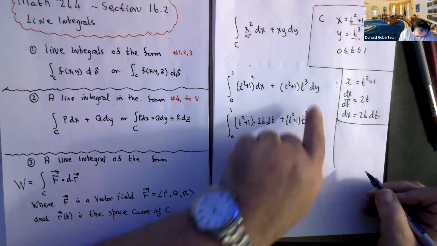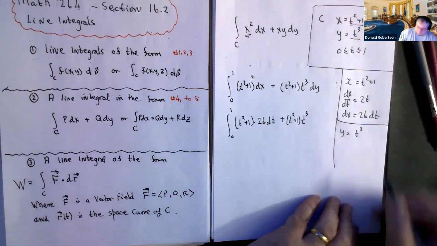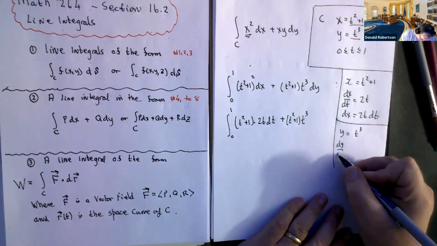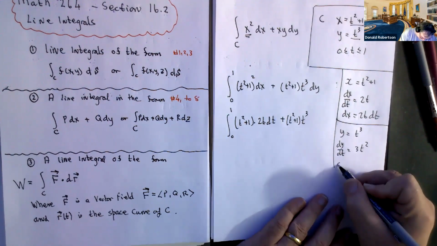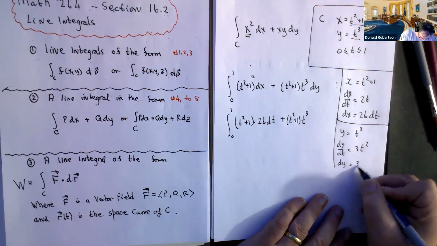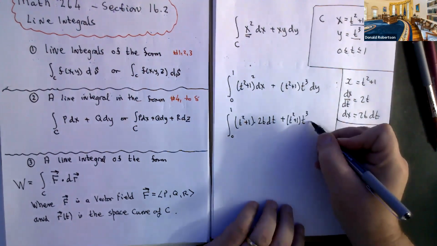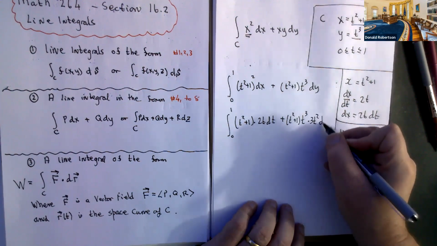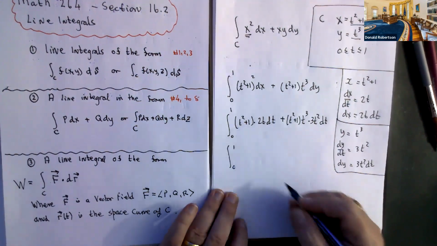Now, if you want to find what dy is, start with the curve. y equals t cubed. Differentiate it with respect to t, 3t squared. Do the crossover. And now you have times 3t squared dt. And I'm just going to take this a little bit further.